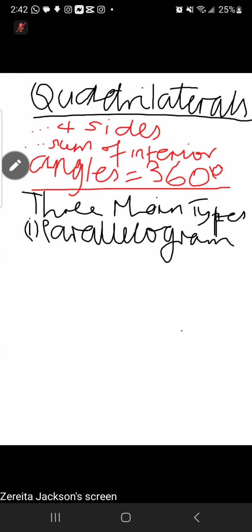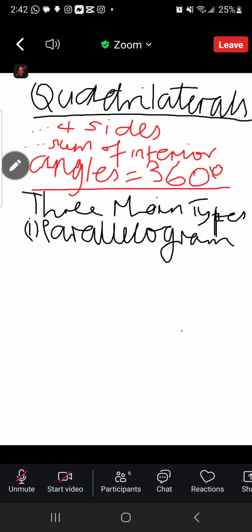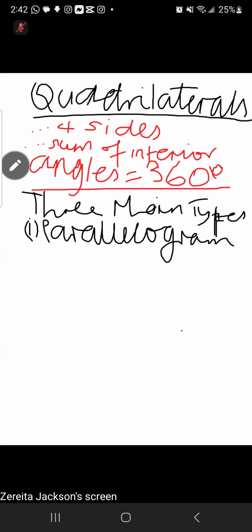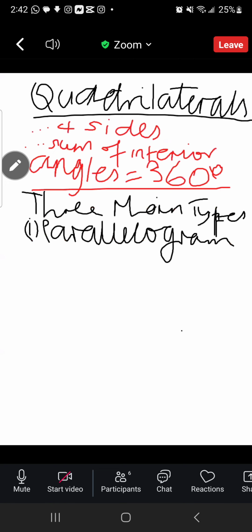And what are the three main types of quadrilaterals we are going to discuss? Parallelogram, trapezium, and kite.